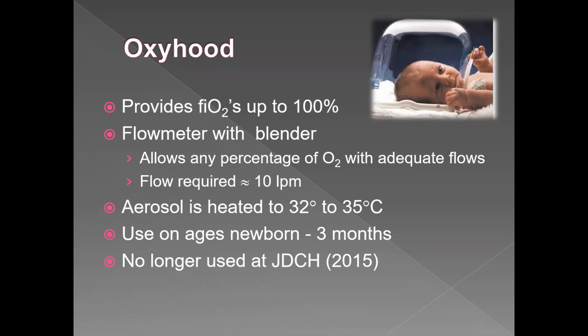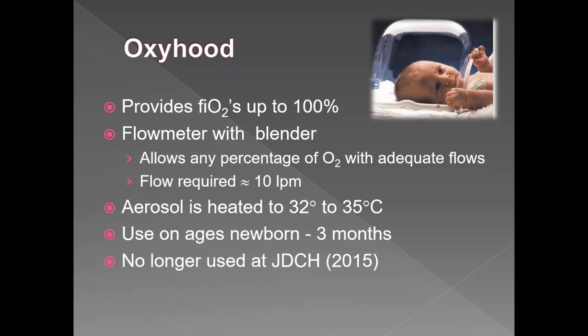All right, so the setup for the oxyhood is your flow meter will be attached to a blender. Why do we use a blender instead of just directly from the flow meter? Do you know? The right amount of oxygen?